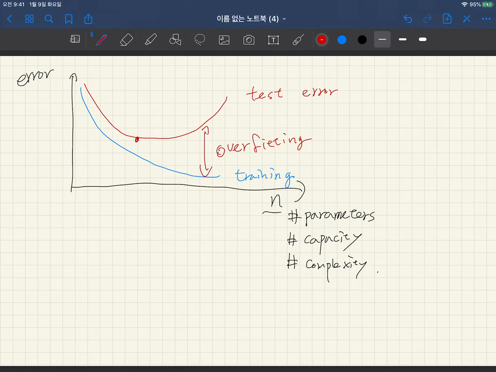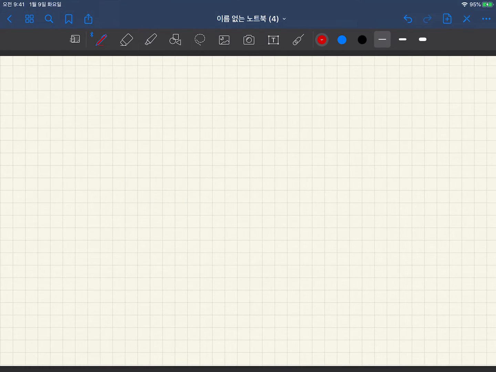But when you train some algorithm with different numbers of parameters and when you draw the graph, you might see some weird thing. Your training error might not be monotone.